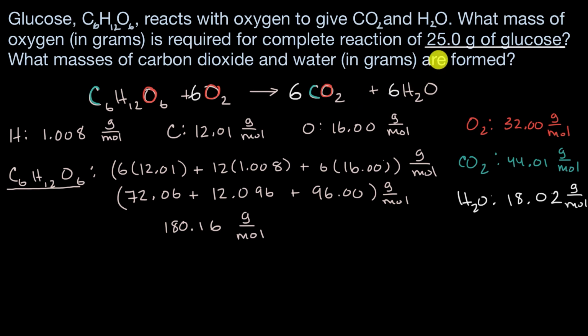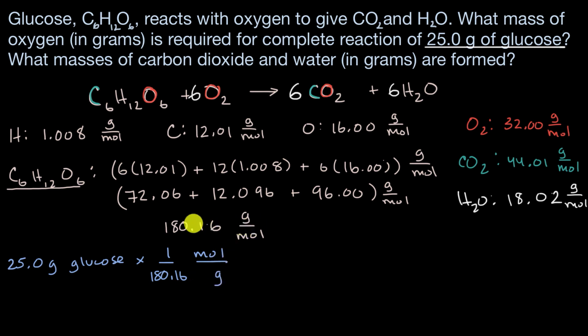Now the next step is to think about, all right, we're reacting with 25 grams of glucose. How many moles of glucose is that? So we have 25.0 grams of glucose. And we want to turn this into moles of glucose. And we know the molar mass is 180.16 grams per mole, or we could say that for every 1 mole, it is 180.16 grams.